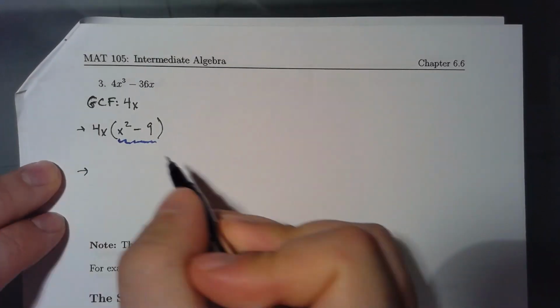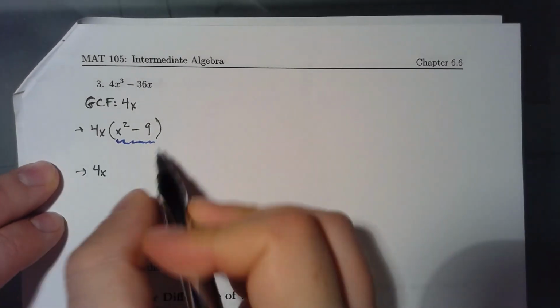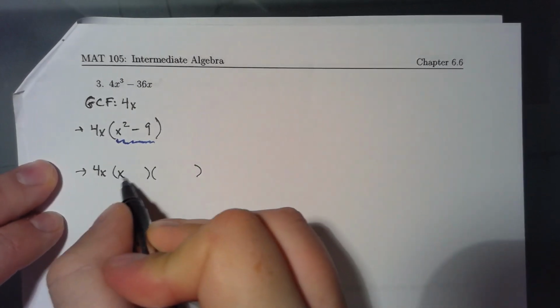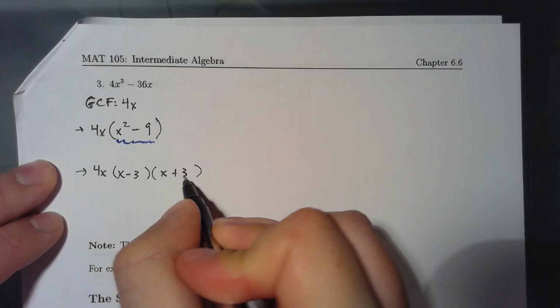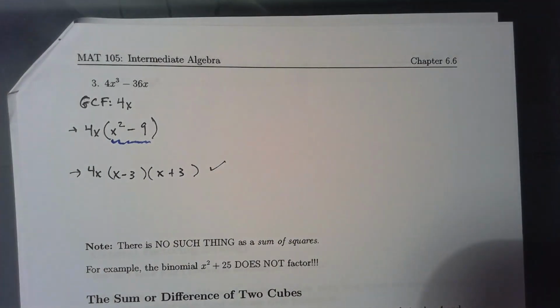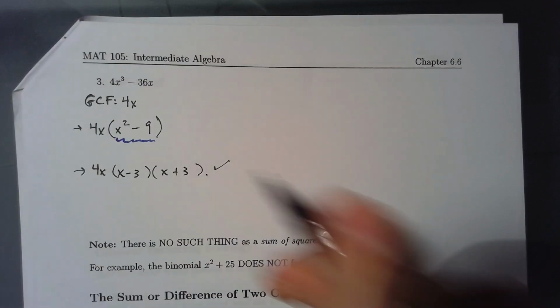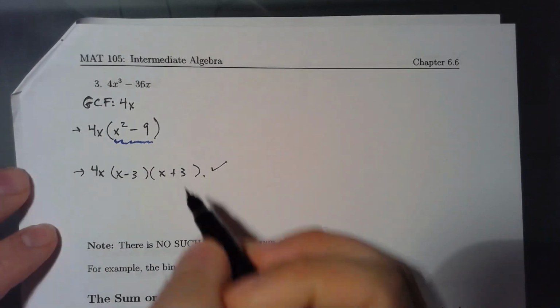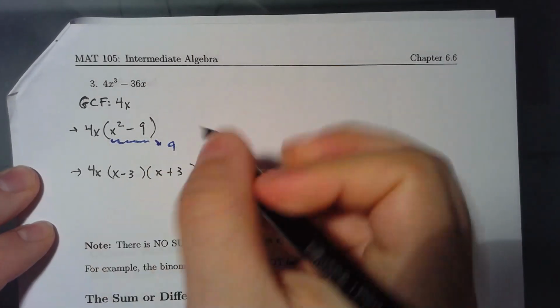So this factors into 2 factors: x minus 3 and x plus 3. And that's it, because this is a difference of 2 squares.